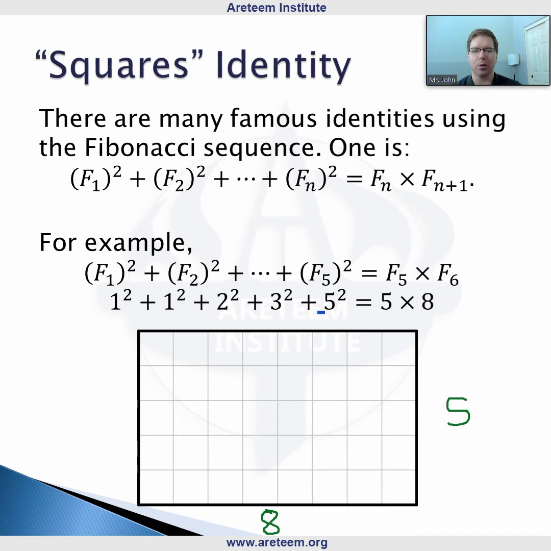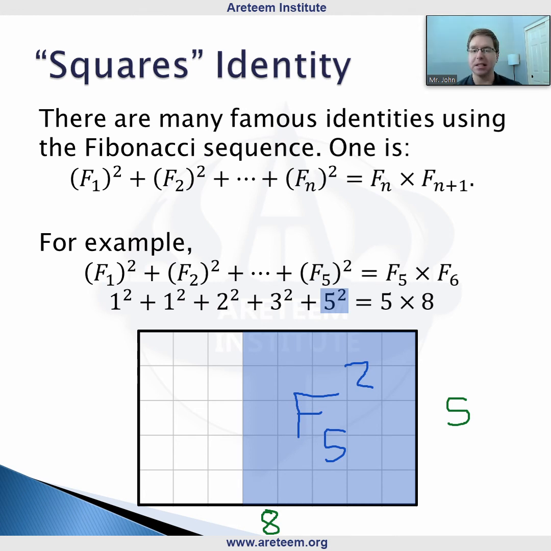So for example, when we see this 5 squared here, right? So we have 5 squared right here. We can actually interpret that as a 5 by 5 square in our rectangle. I'm not going to label all of these, but for the first one at least, this is our F5 squared in this case. We have a 5 by 5 square there.